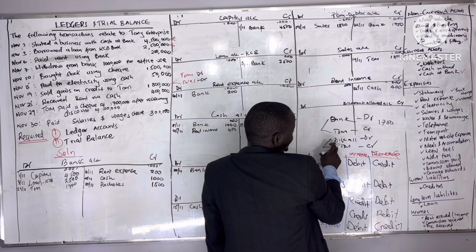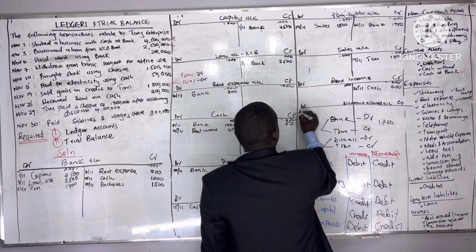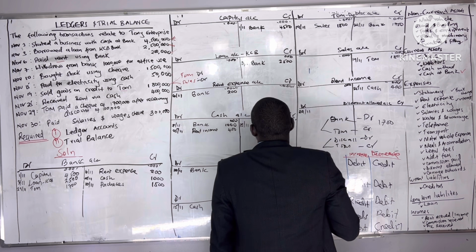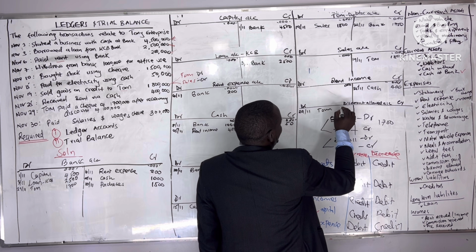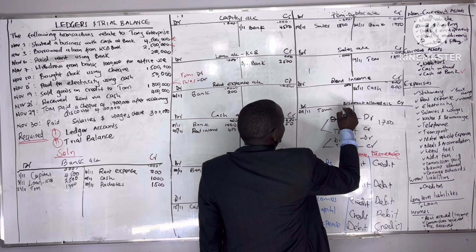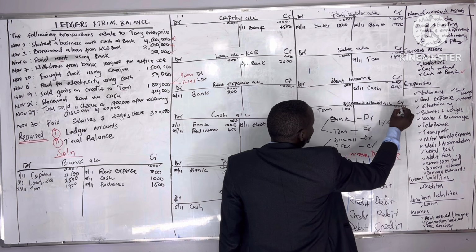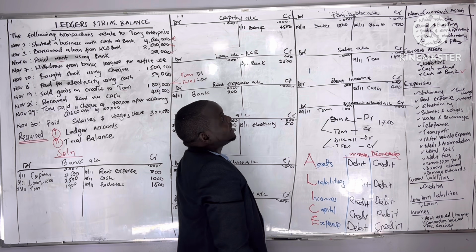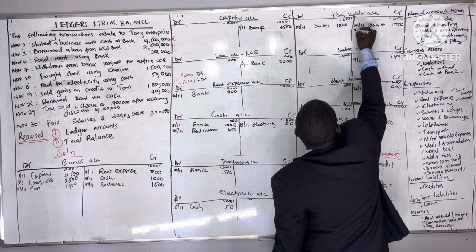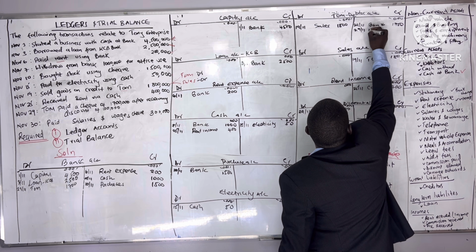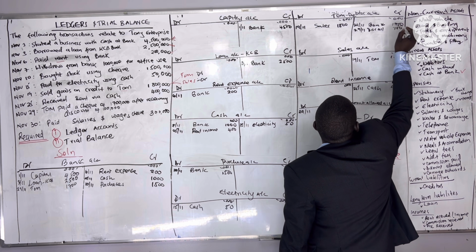I debit discount allowed on 29th November, discount given to Tom, the amount is 100. These figures are in thousands. Then I credit Tom, 29th November, discount allowed 100.